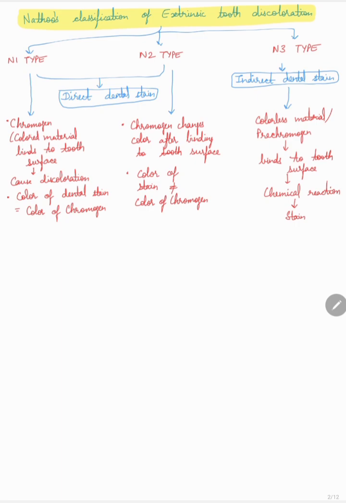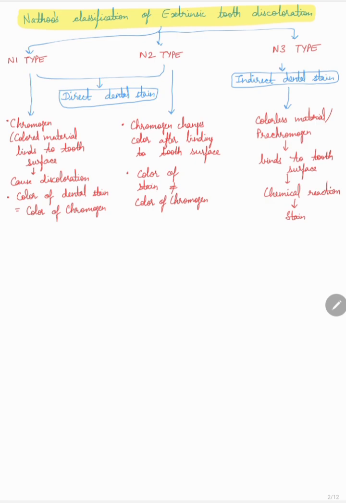So N1 type is due to a chromogen, that is colored material, that binds to the tooth surface and causes discoloration. Here the color of dental stain is same as the color of chromogen. In N2 type, the chromogen changes color after binding to the tooth surface. That is, the color of stain is not the same as the color of chromogen.